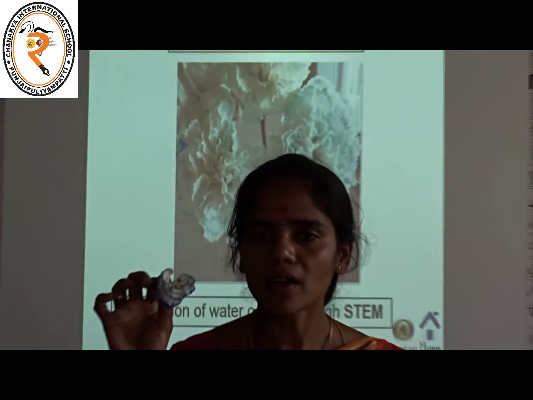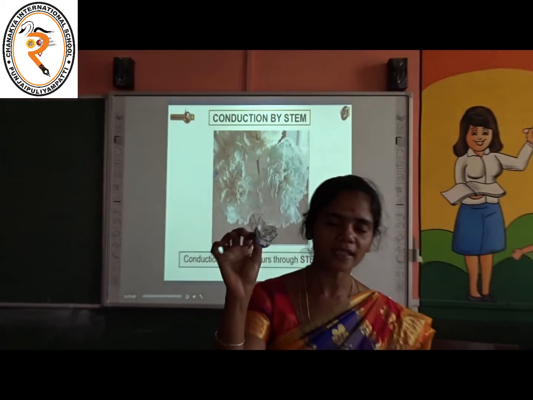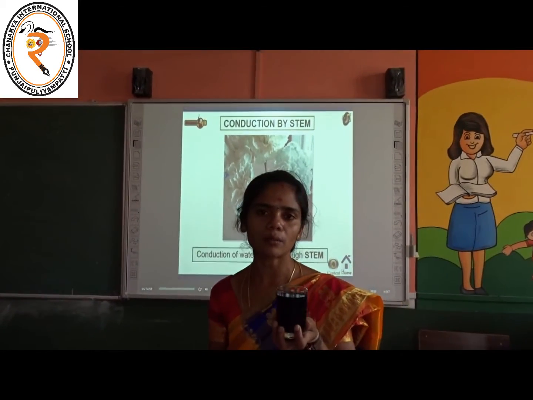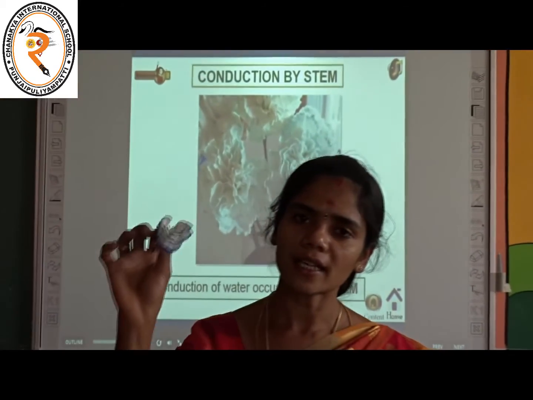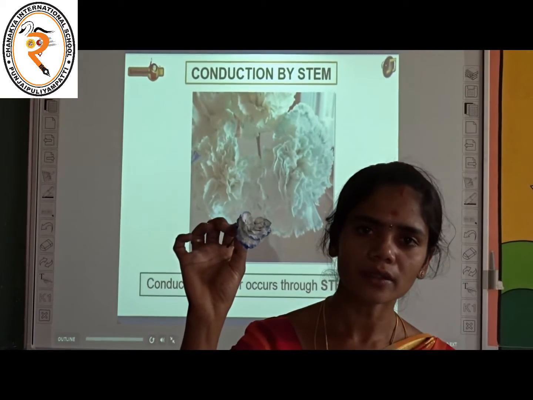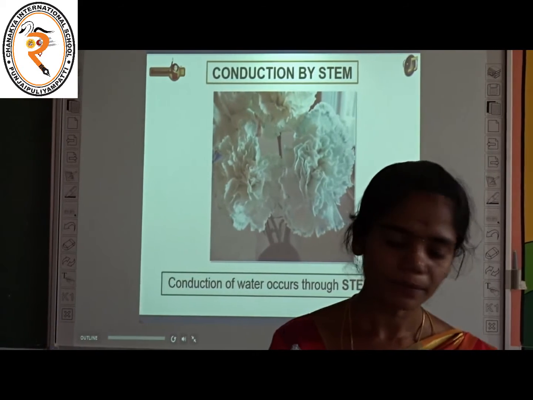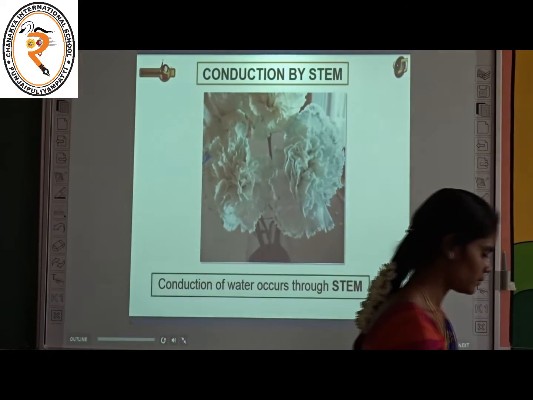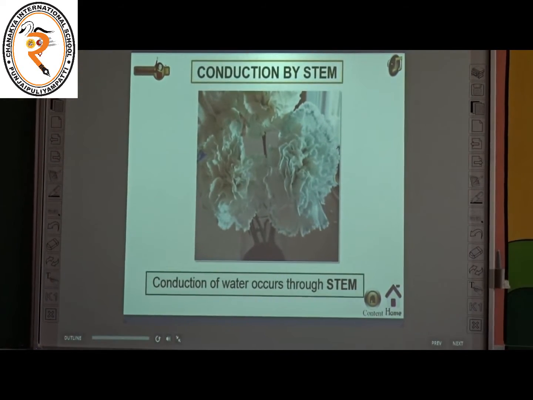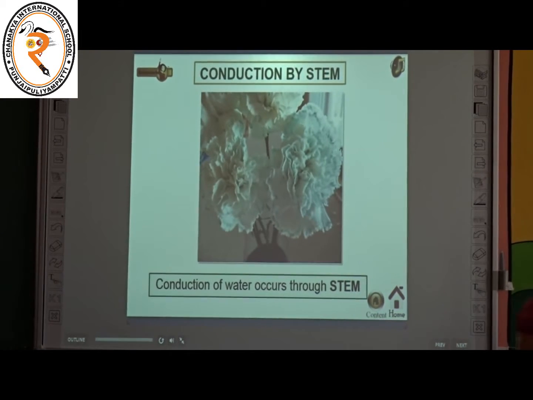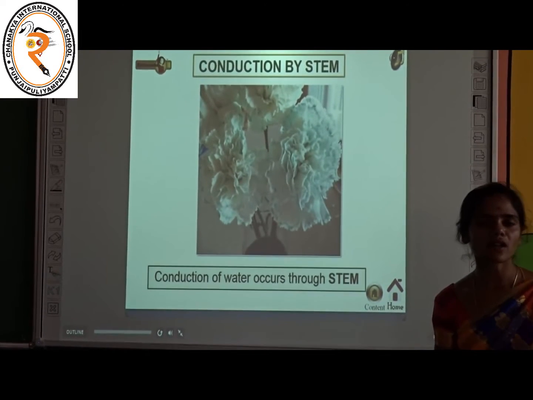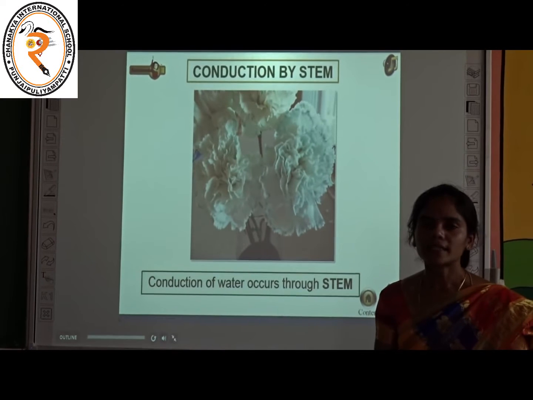So the flower becomes blue in color. If we take red ink instead of blue ink, the color will turn red. We already know the main function of the stem. It conducts water.